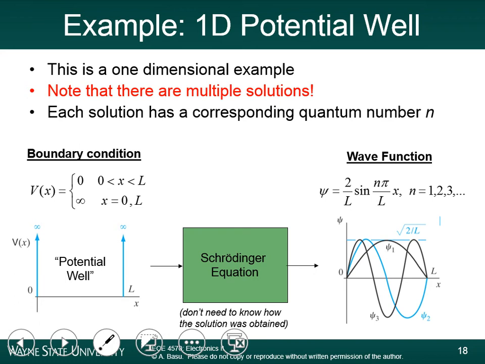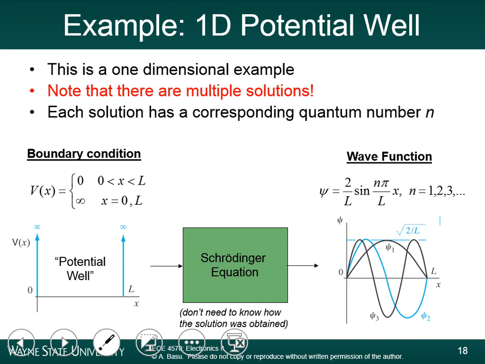So if we're going to connect some of the concepts here, this is a partial differential equation. It has multiple solutions. Those solutions are called eigenfunctions. Mathematically, mathematicians refer to them as eigenfunctions, and each eigenfunction has a corresponding eigennumber. Now, the quantum mechanics folks, instead of saying eigennumber, will say each solution has a corresponding quantum number.